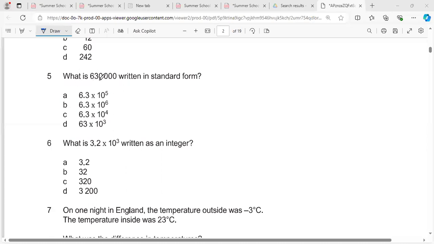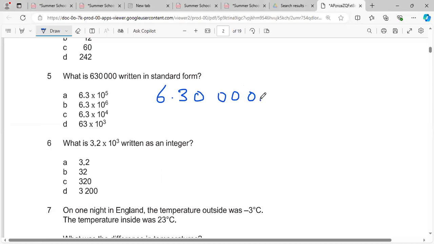We're still gonna look at it, alright? So what is 630,000 written in standard form? So this is how you approach these questions. Standard form means the decimal point should be here. So we're gonna move the decimal point and take it to here. Somebody might say, sir, but where is the decimal point? We don't see no decimal point. Right here is the decimal point. The decimal point is located at all whole numbers to the right, right?